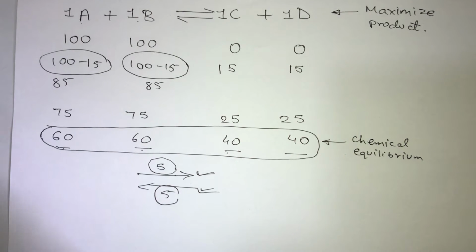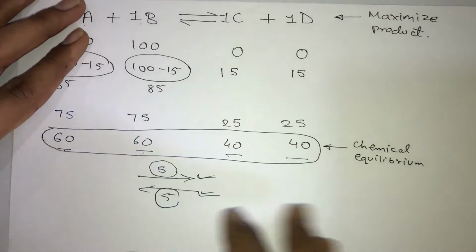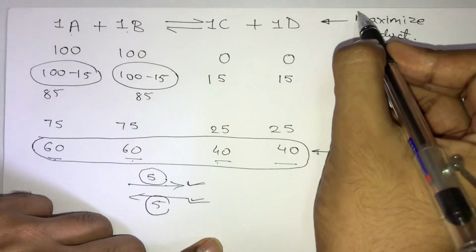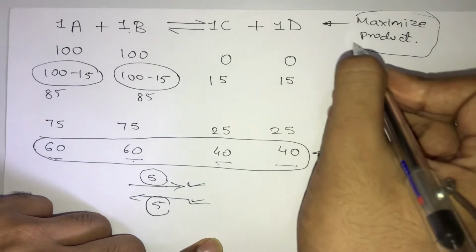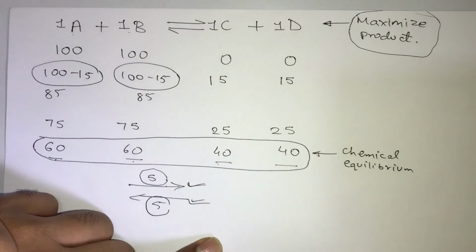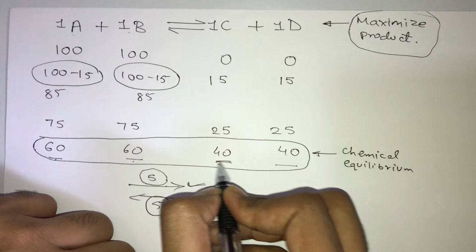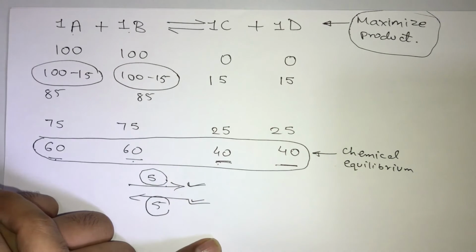Now, as mentioned earlier, you are a manufacturer and your job is to maximize the product. Am I right? But instead of maximizing the product, you are getting only 40 moles of products.